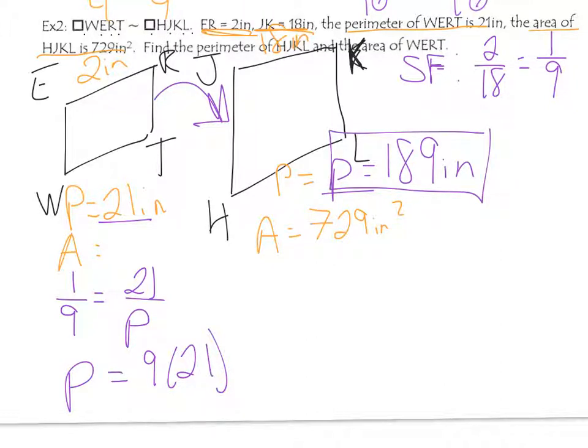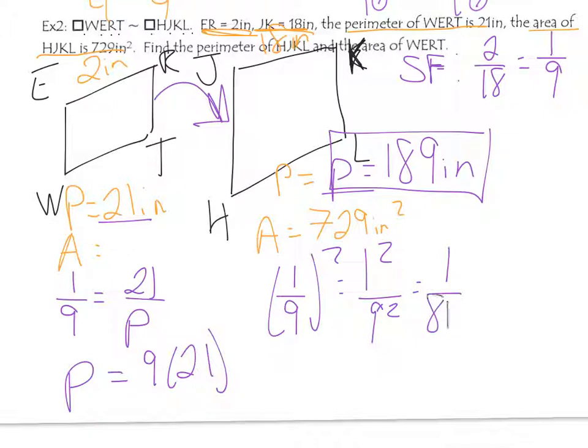Okay. And then for the area, I'm going to take my 1/9 and I'm going to square it. So 1 squared and 9 squared. 1 squared is just 1. 9 squared is 81. And I am setting that equal to my unknown A value. That totally looks like a P. Let's fix that.